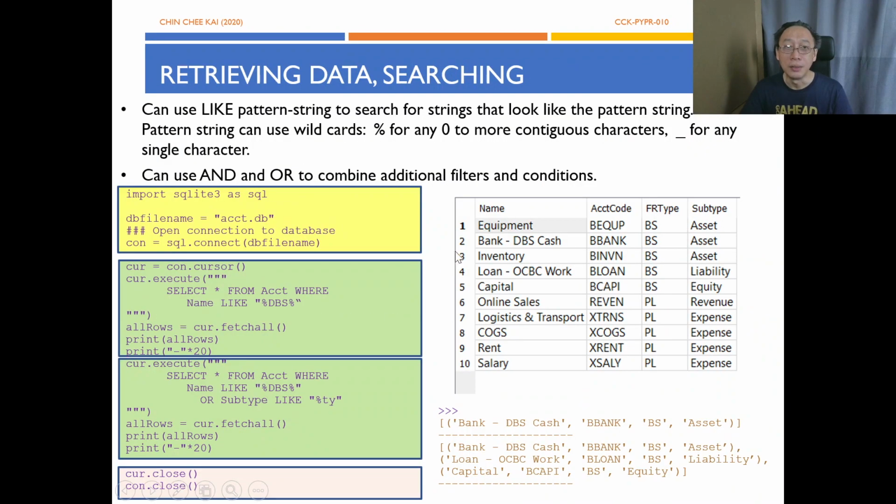Okay, next we have retrieving data as a means of searching. So although we are saying read from the database, it is also a conduit, a command to SQL to search what we in English intend to mean as a search.